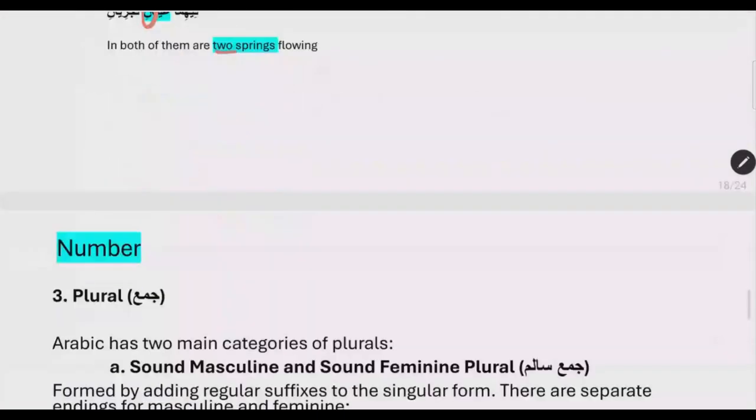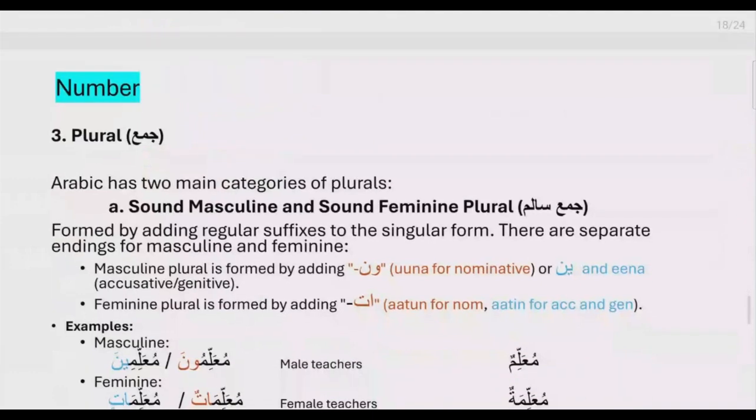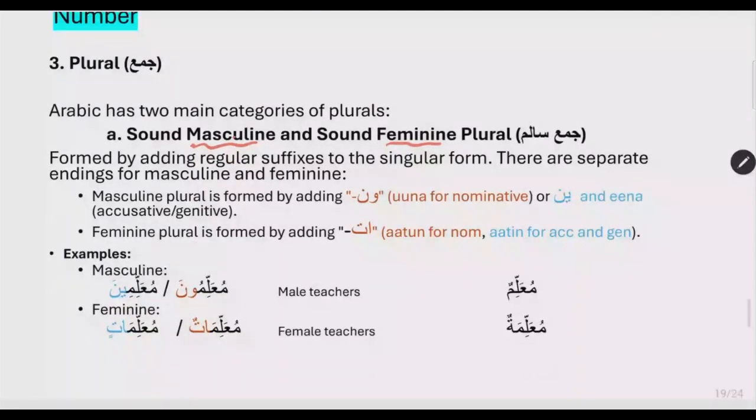Okay, then we move on to the plural form. Now, they are essentially sound plurals. There's the sound masculine and the sound feminine plural, jam' mudhakkar salim and jam' mu'annath salim. Now, how we form these plurals in Arabic is, in the masculine, we form it by adding una, right?